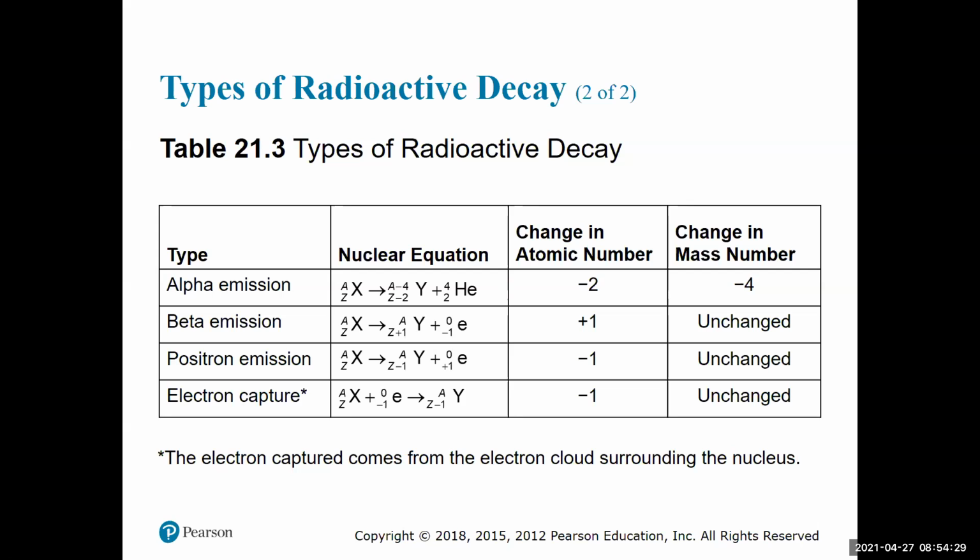We use that information to balance out our nuclear equation. I think it's pretty straightforward if you remember what alpha, beta, positron, and electron capture represent. If you're able to do that, I don't think you'll have a problem.